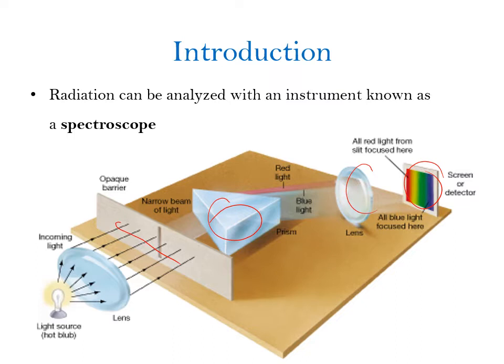Spectroscopy or spectrography are terms used to refer to the measurement of radiation intensity as a function of wavelength, and they are also often used to describe experimental spectroscopic methods. The spectral measurement devices are also referred to as spectrometers, spectrophotometers, spectrographs, or spectral analyzers.